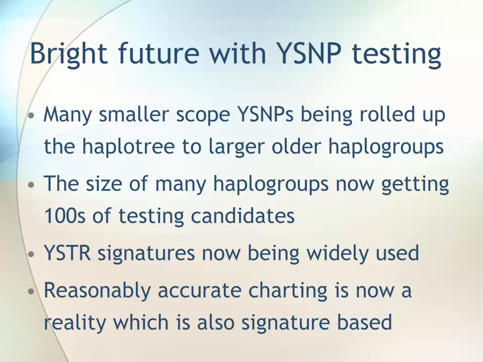It's becoming a reality. Under L226, I'm now able to chart 85% of the testers due to extensive YSNP testing. And that will probably go to 90% by the end of the year.